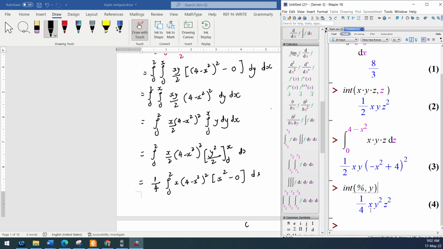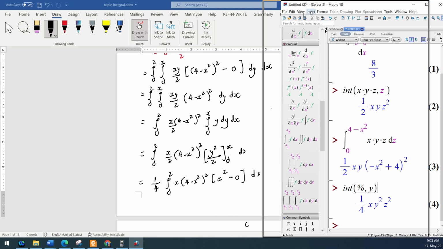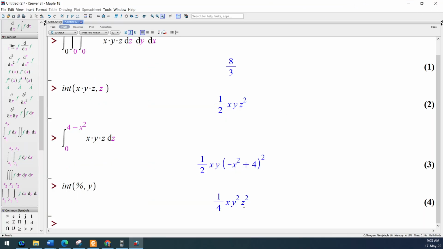Or they simplified already. Manually we get x over 4 minus x squared power 2. Maybe they simplified already. Never mind. So up to here, and then this is the integral with respect to y. Suppose it's half x minus x squared plus 4 squared. Maybe they simplified. No, maybe the result just now is here. So correct now.